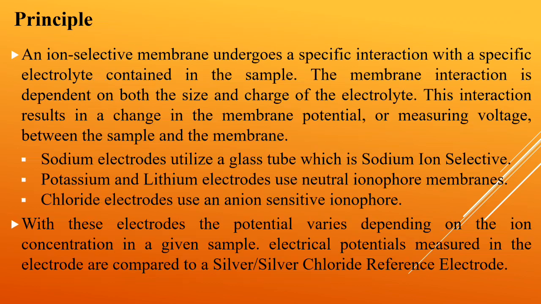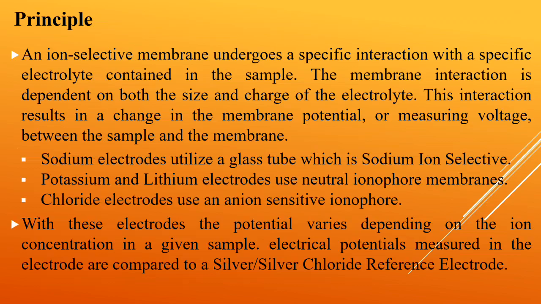These are permeable only to selective electrolytes. If a sodium electrode is used, it will allow only sodium, whereas if a potassium or lithium electrode is utilized, it will allow only potassium or lithium. So it is ion selective, where the ion is sodium, potassium or chloride, selective for that specific ion.